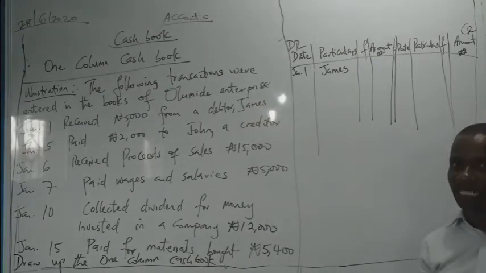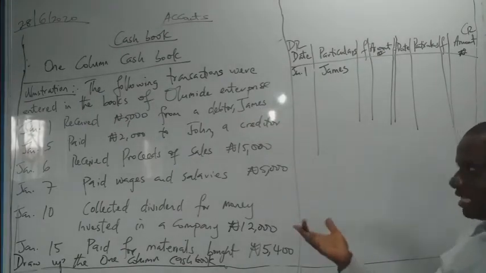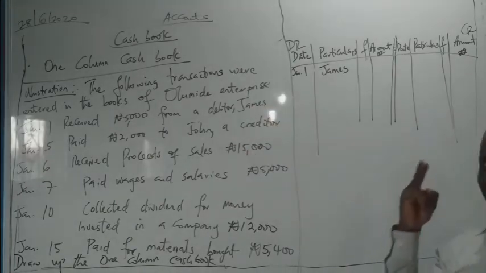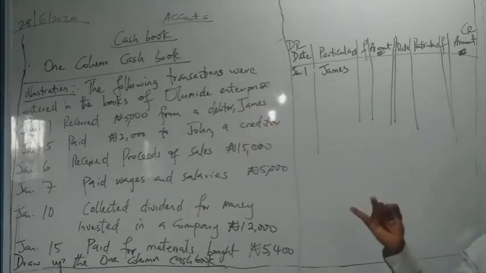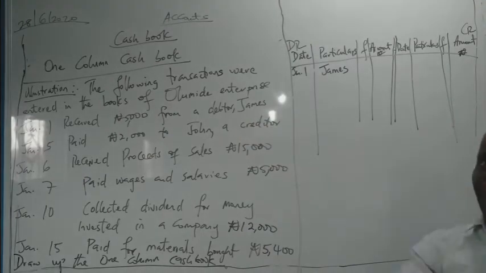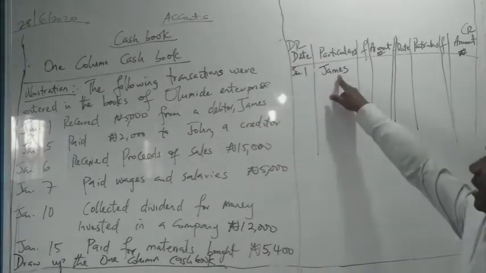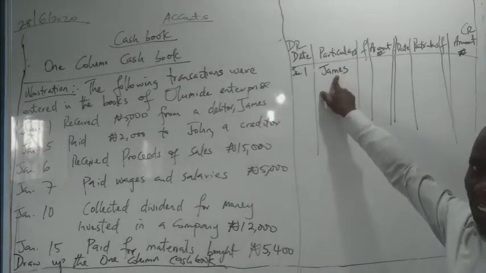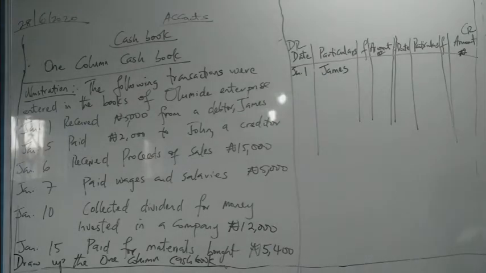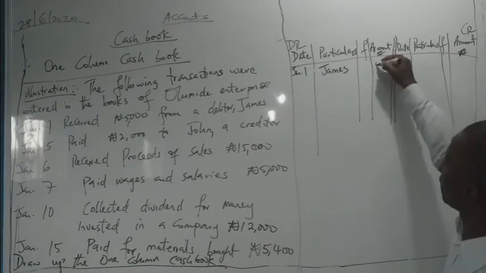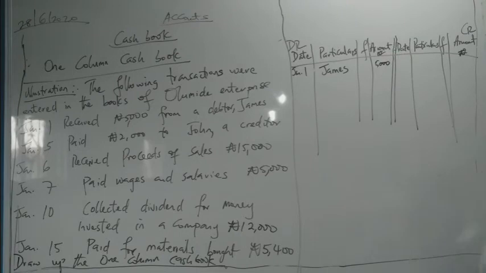And what kind of ledger is that? Personal ledger. Remember I told you personal ledger, debtors and creditors. So this one will come under the debtors ledger and the corresponding entry is here in the cash book. And how much did you receive? 5,000 naira.